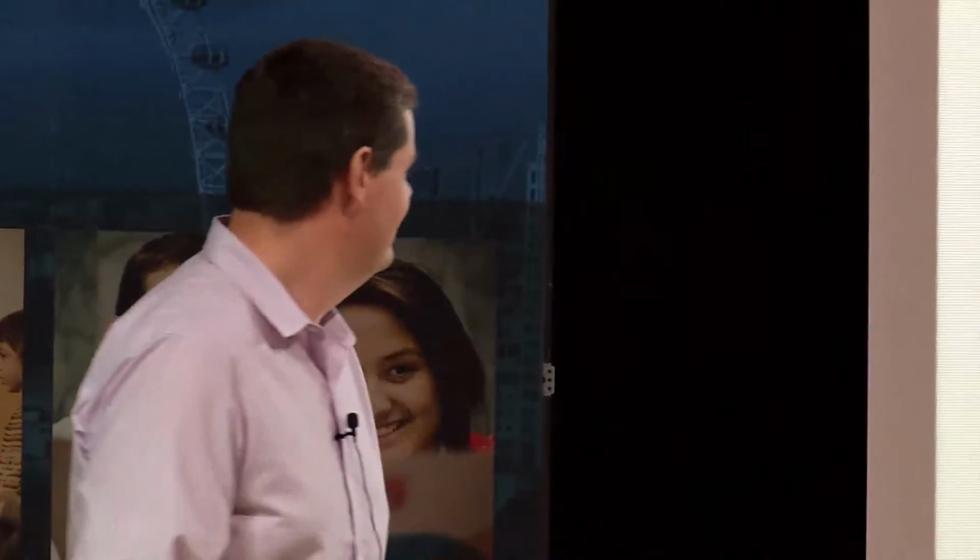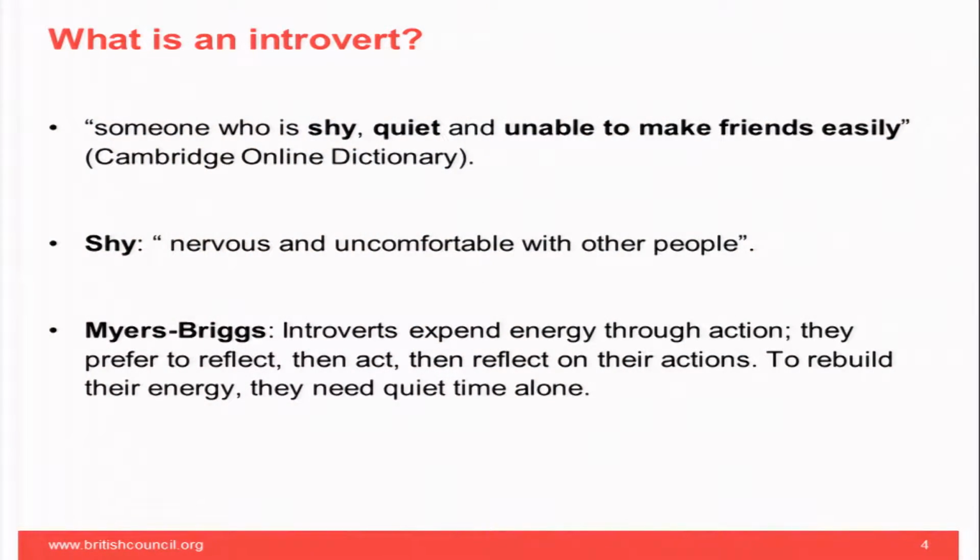I then went for a proper psychological definition. I got really in-depth with all of this. Myers-Briggs. Anyone familiar with Myers-Briggs? There were 2 psychiatrists who were quite pioneering in the idea of the introvert and extrovert personality. And they described introverts as people who expend energy through action. They prefer to reflect, we've had the word reflective there, then act, and then reflect on their actions again.